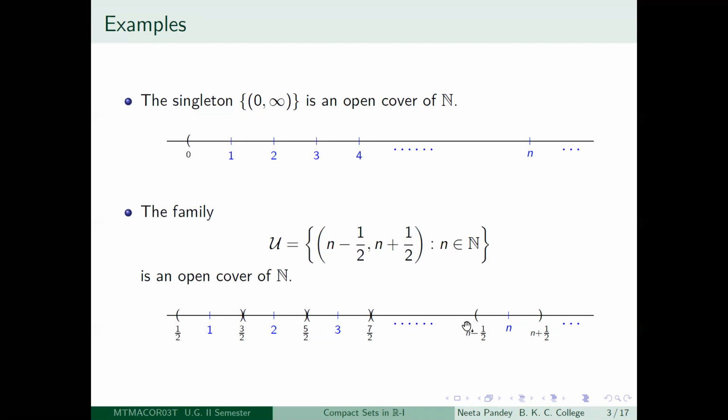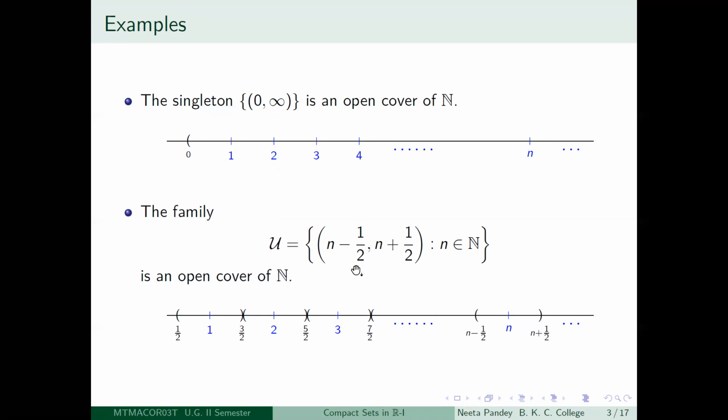So it will not contain any positive integer less than or equal to n minus 1, or greater than or equal to n plus 1. So the intersection of any open interval n minus half to n plus half with the set of positive integers is just the singleton n.